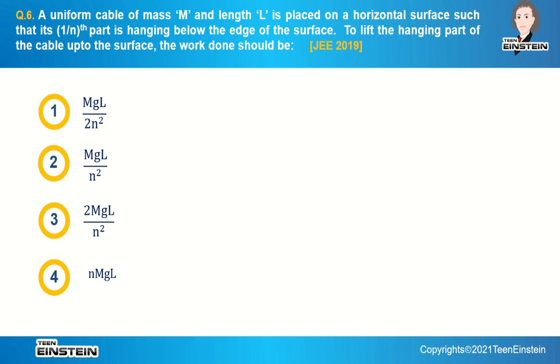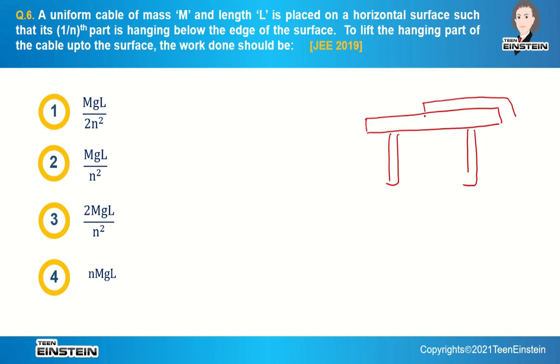So what they are saying is, they have a table like this, and they are placing a uniform cable. So some part is hanging like this. If you want to move this, how much work has to be done?